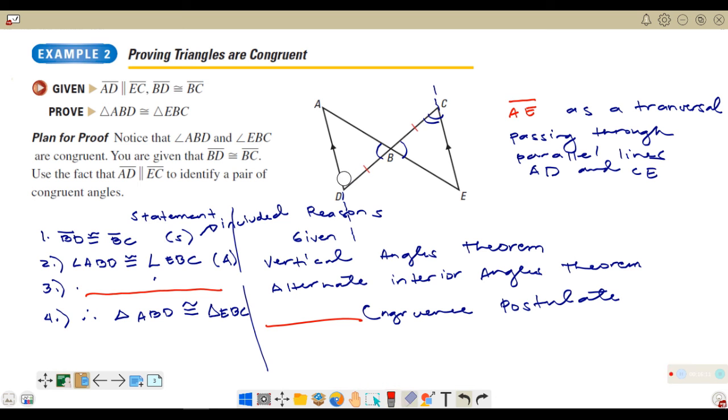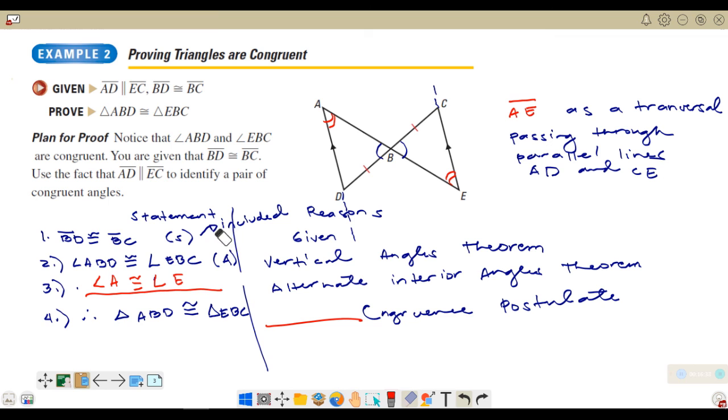If you consider AE as your transversal line, it is no longer D and C that are congruent. The congruent ones are these two, A and E. So, we will use angle A is congruent to angle E, using alternate interior angles still.